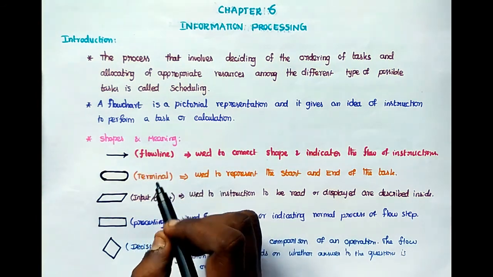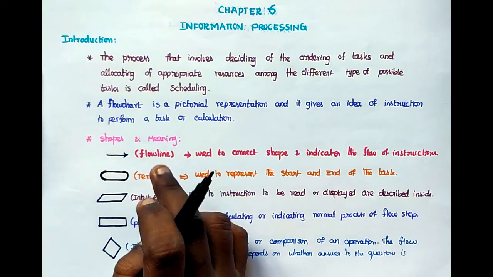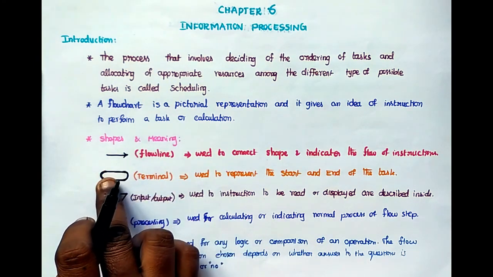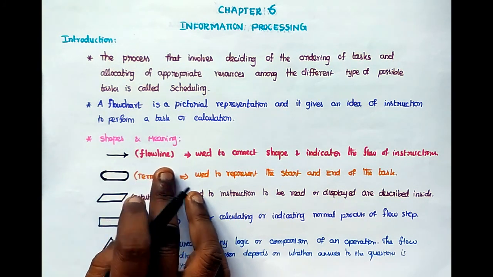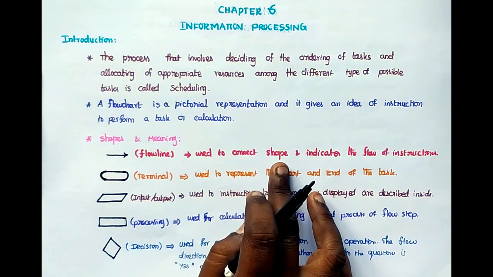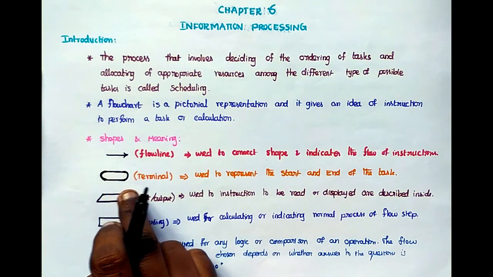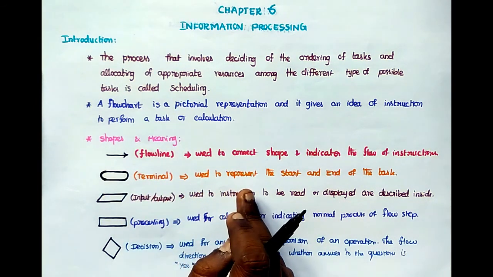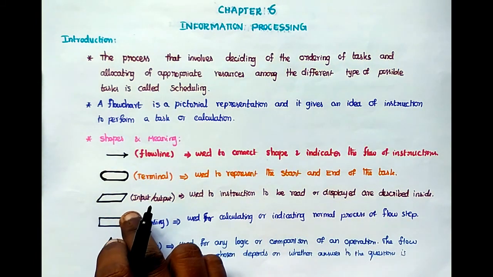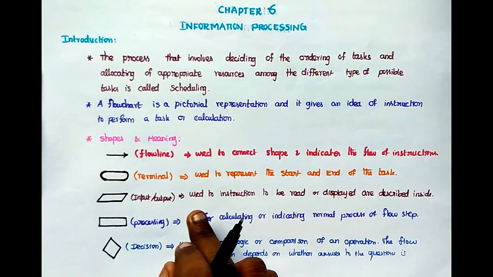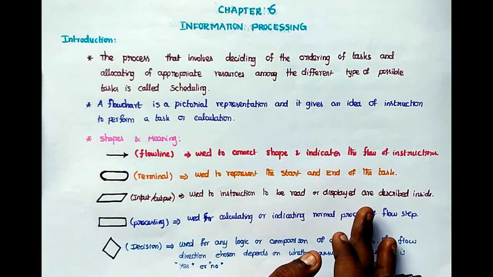In this flow chart, there are shapes and their meanings. What are the shapes? First one, arrow marks, called flow line. Use it to connect shapes and indicate the flow of instructions. Next shape is terminal. Use it to represent the start and end of the task. Next one, input or output. This shape is used for instructions to be read or displayed.